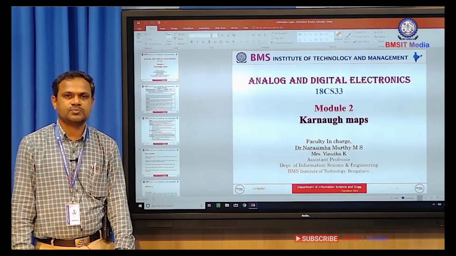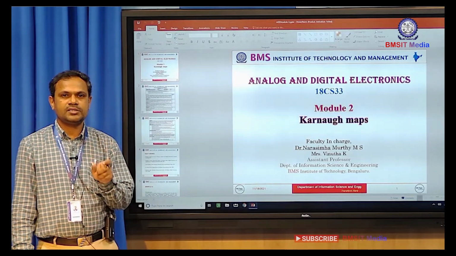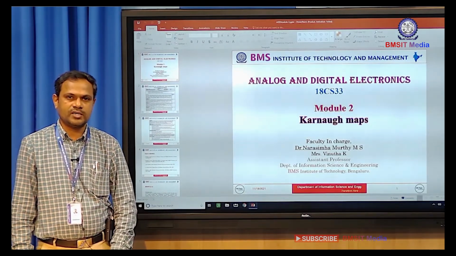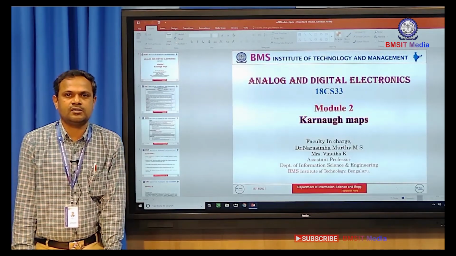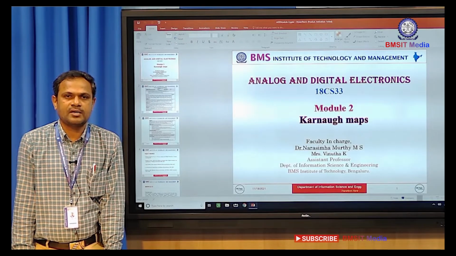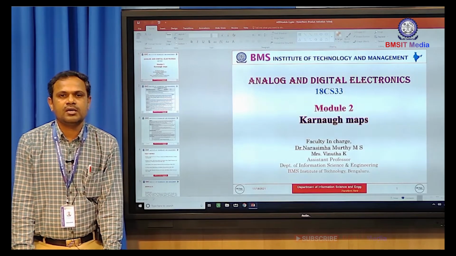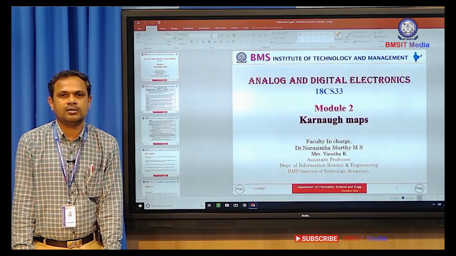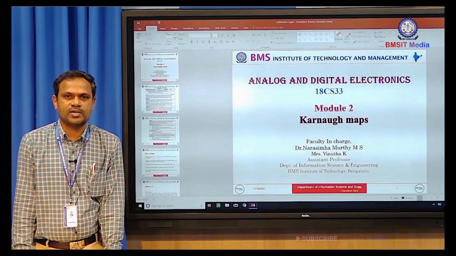Sum of product expressions are expressions which have a term with the dot operator. For example, if I take literals like A, B, A bar, B bar, or A complement, B complement, I mean A dot, A bar dot B bar. The dot is a multiplication operation.